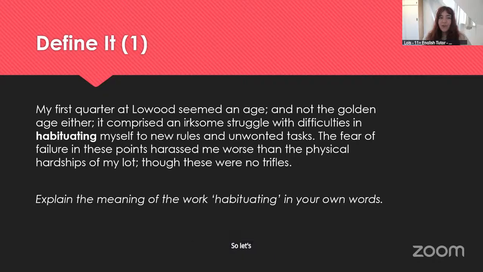So let's read the sentence in which it appears one more time. She's talking about the first term at Lowood. It comprised an irksome struggle with difficulties in habituating myself to new rules and unwanted tasks. So in the chat, give me your brief definition or a brief explanation of what this must mean.